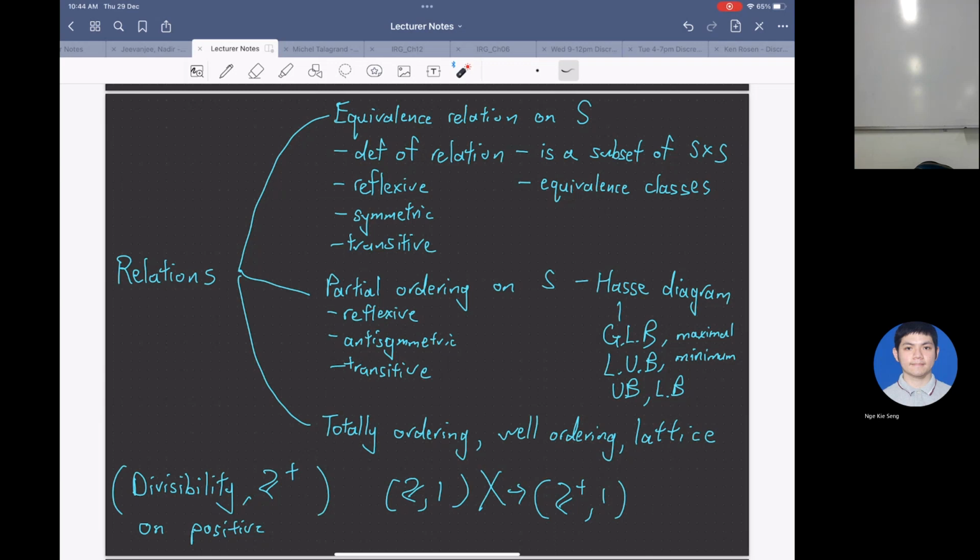Relation is a subset of Cartesian product. So for an equivalence relation on X, the relation is a subset of X cross X. And you just need to give me a subset.